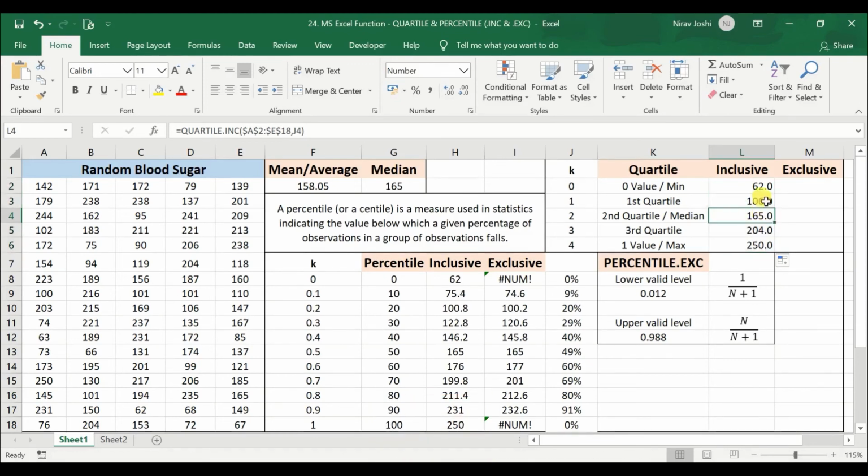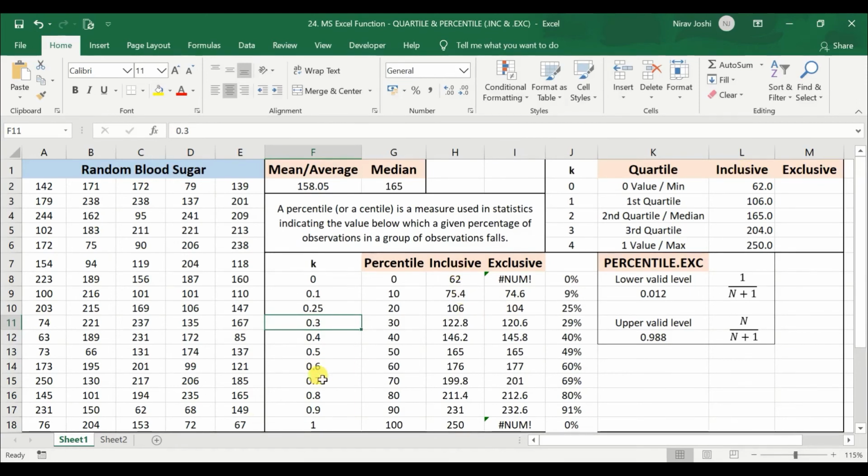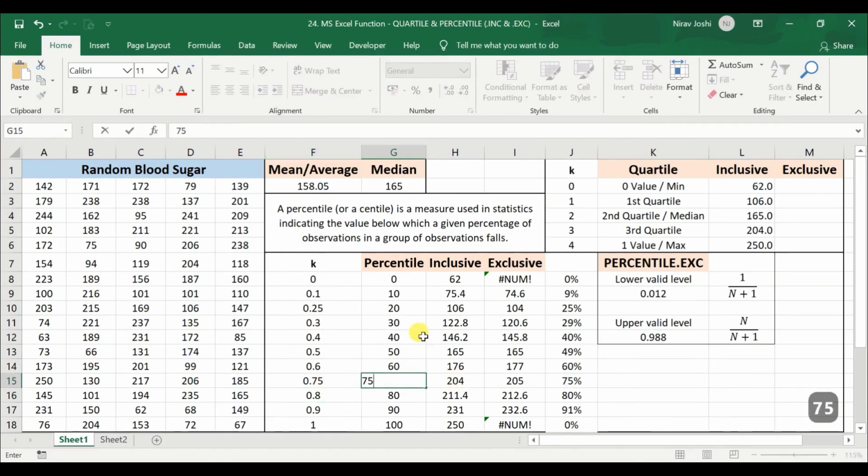So here you can see that the 25th percentile, or k value at 0.25, corresponds to 106 because it is the inclusive function, and if we apply 0.75 here to calculate the 75th percentile, it gives us this value which corresponds to the third quartile.